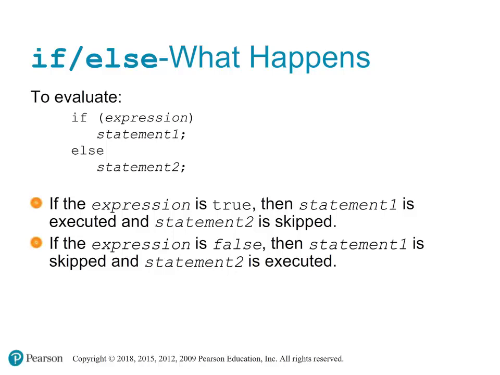And statement 2, which also can be a single statement or a block of code, is skipped. So if the expression evaluates to false, statement 1 is skipped and statement 2 is executed.